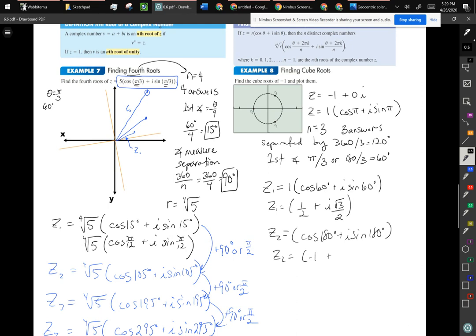So then that's just i times 0. So that's equal to -1. And then finally, z3 is equal to cosine, again, 180 plus 120 is 300, plus i sine 300.